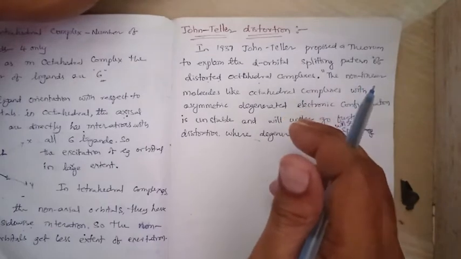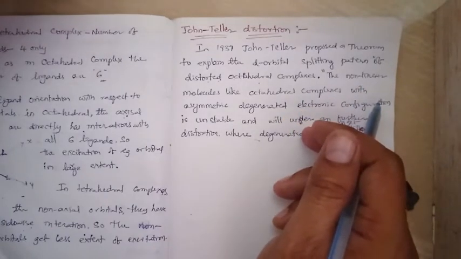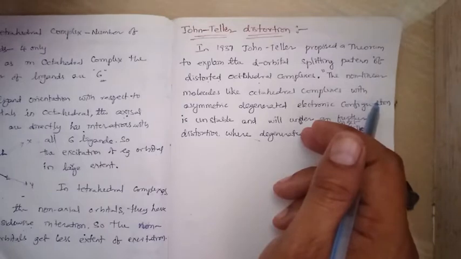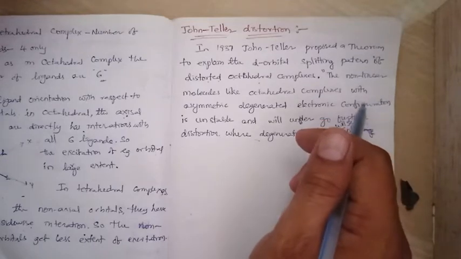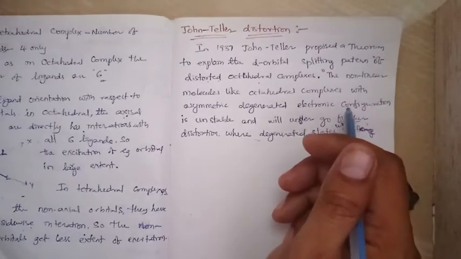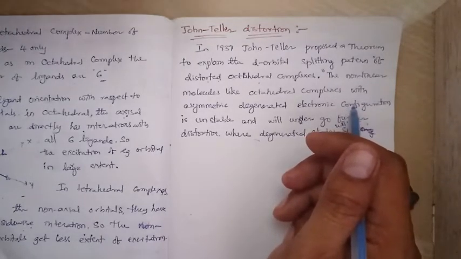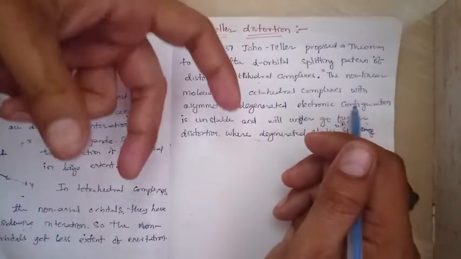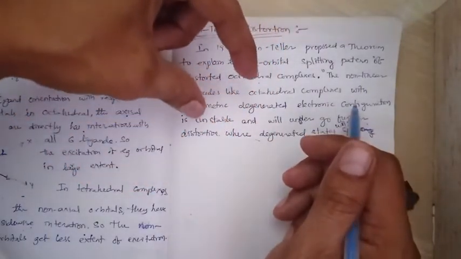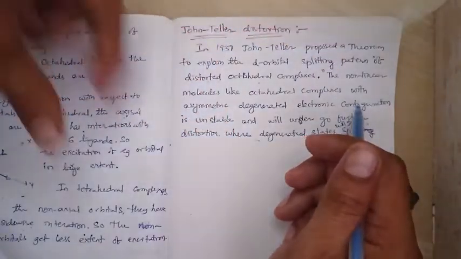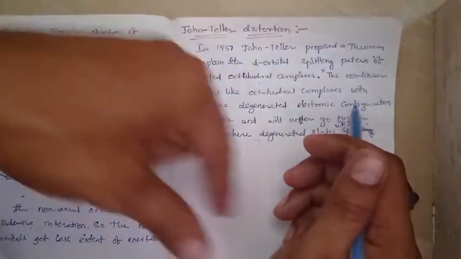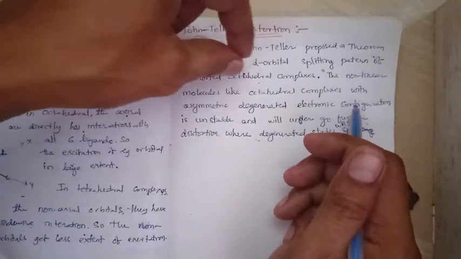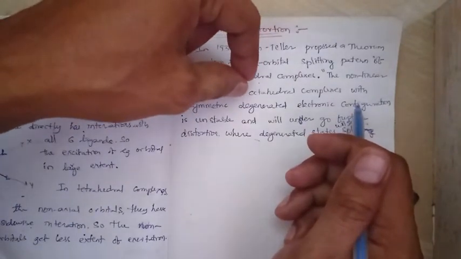You know what is meant by octahedral: a six coordinated complex, where along the x-axis there are two ligands, along the y-axis two ligands, along the z-axis two ligands, right? When all the six ligands in the octahedral complex have equal bonding, that particular octahedral structure will be called a regular octahedral, right?